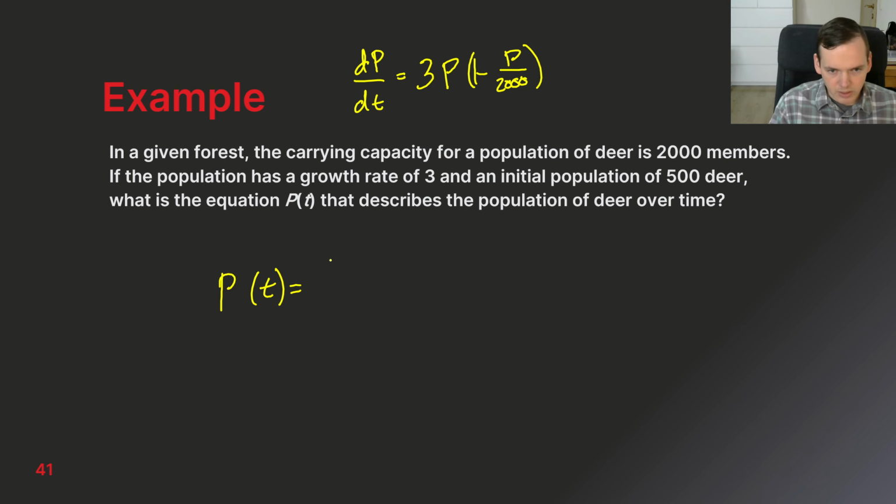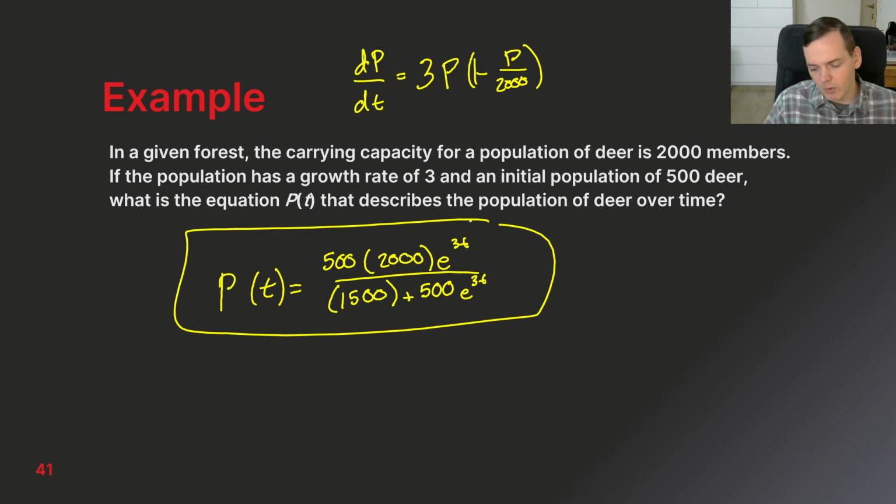And then the solution is going to be our initial population, times the carrying capacity, times e to the growth rate times t, divided by the carrying capacity minus the initial population, plus the initial population times e to the growth rate times t. And again, it's just knowing the equation and telling from the problem what values go where.